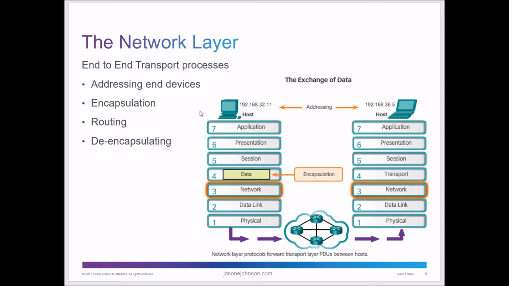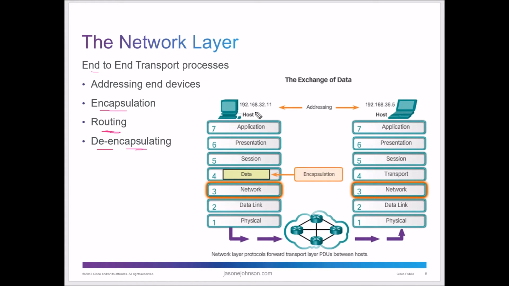So network layer and communication, how does this work at layer 3? End-to-end transport processes address end devices. They do encapsulation as well at layer 3. It does the routing at layer 3, and it also does de-encapsulation because it has to read that packet as it goes through.